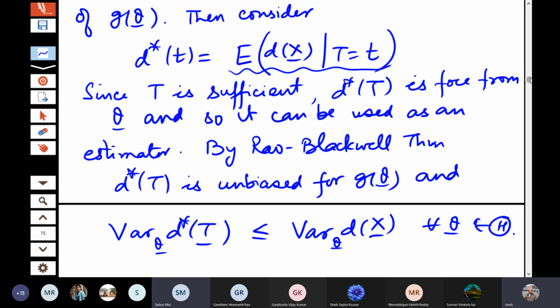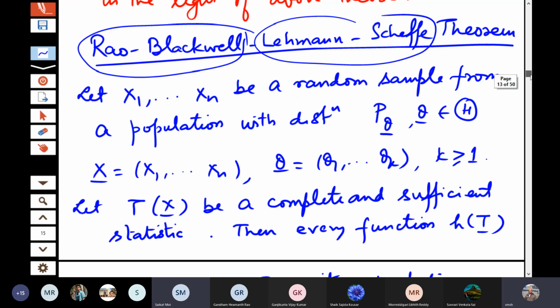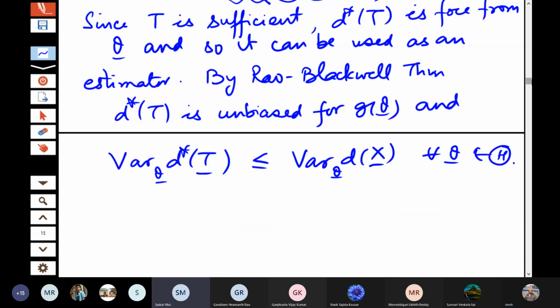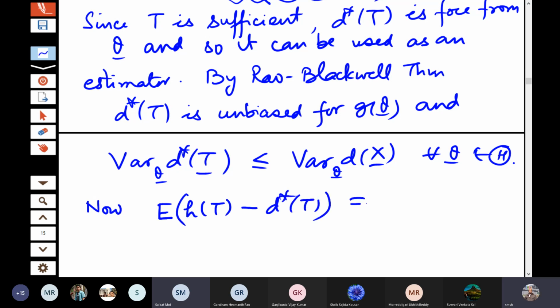Now let us consider h(T), the function with which we started. The expectation of h(T) minus d*(T) is 0, because the expectation of h(T) is g(theta) and the expectation of d*(T) is g(theta). So for all theta, this expectation is 0, and this is a function of a complete statistic.